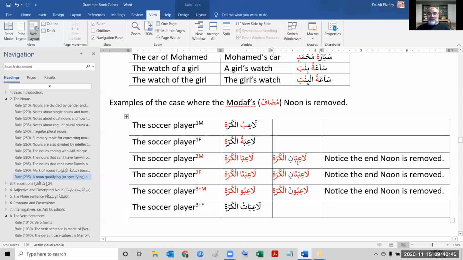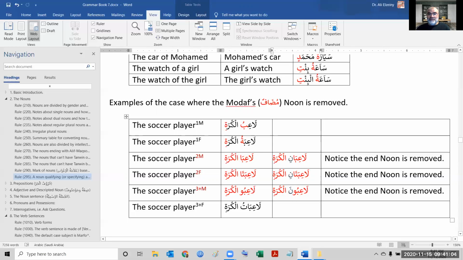Okay, so if you say لاعبان الكرة, that wouldn't be appropriate Arabic, because the appropriate Arabic is لاعبة الكرة. Okay, لاعب, player, كرة, ball or soccer.